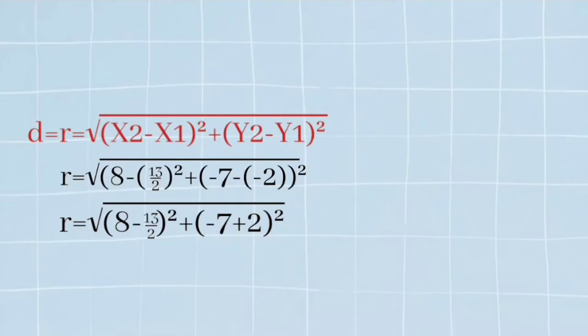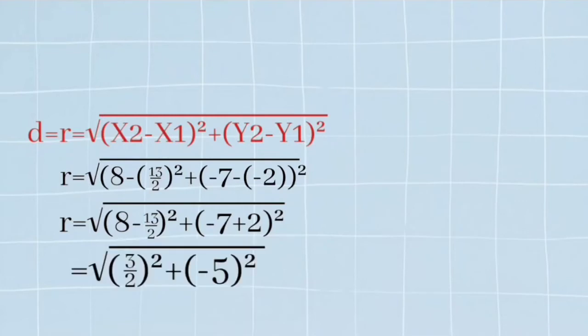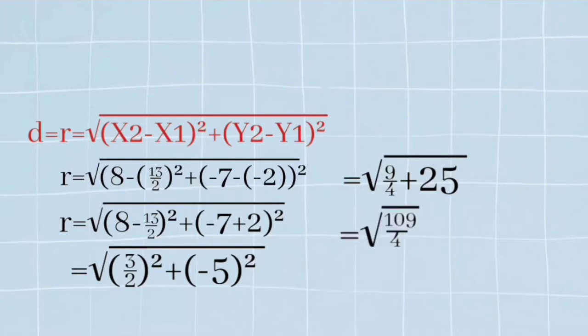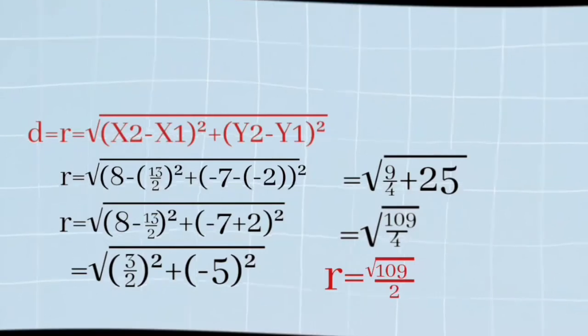So it should be square root of 8 minus 13 over 2 squared plus negative 7 plus 2 squared is square root of 3 over 2 squared plus negative 5 squared is equals to square root of 9 over 4 plus 25 equals square root of 109 over 4. The square root of 109 over 4 is square root of 109 over 2, and that is our radius.